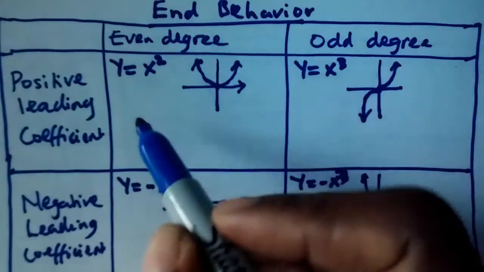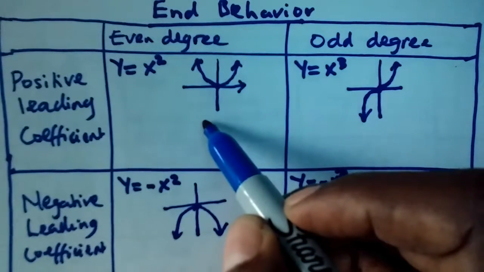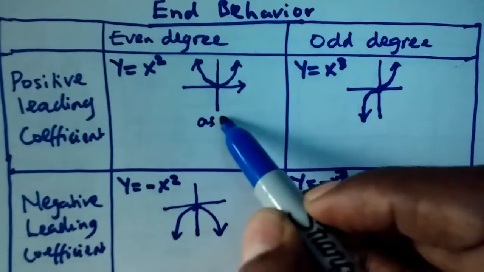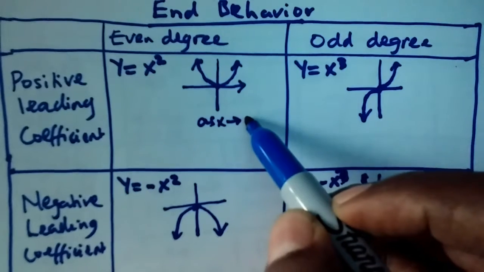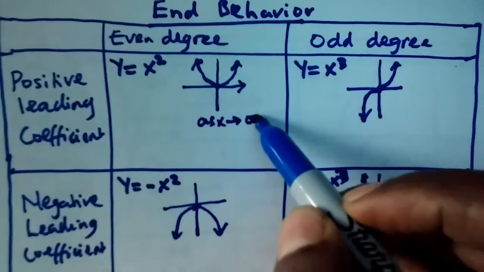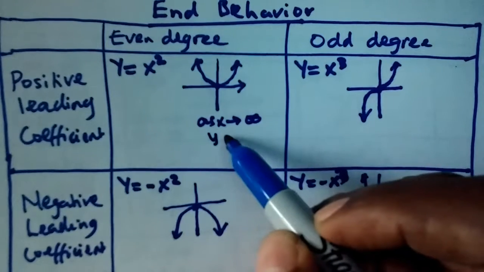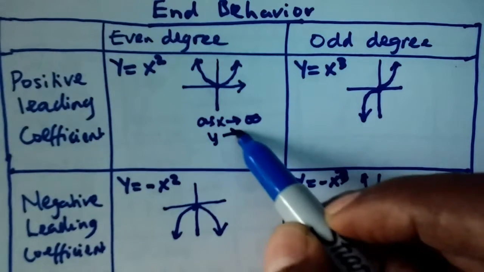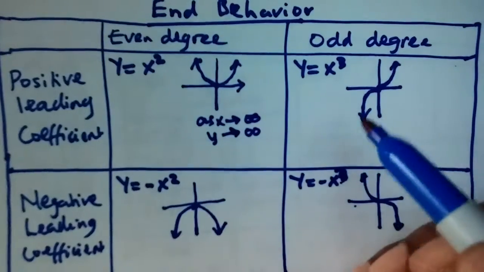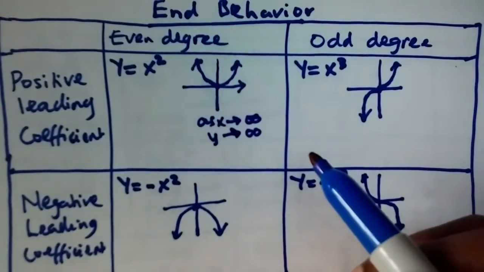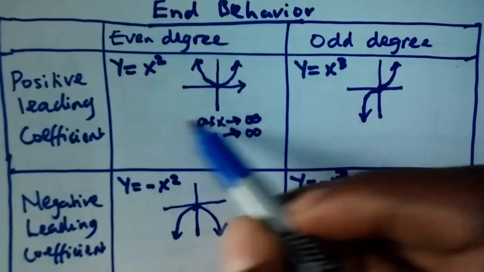So I'm going to write this one for the right side. As x becomes extremely large, y becomes extremely large as well. That's the right side.